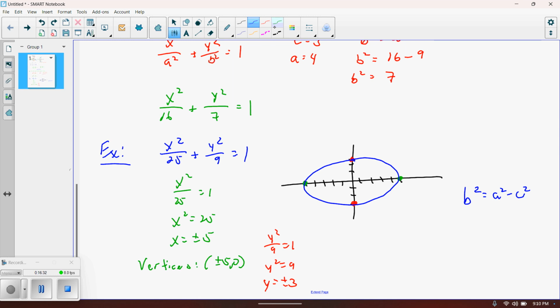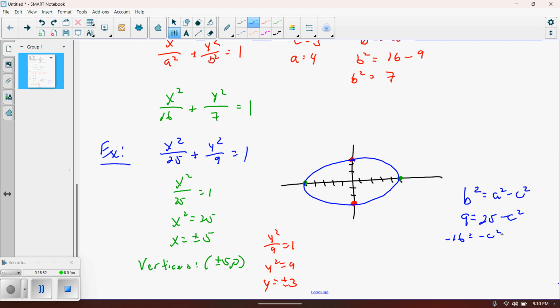So in this case, b was 3, or b squared is 9. A squared is 25 minus c squared. So now let's go ahead and solve for c. If we subtract 25 on both sides, we get negative 16 equals negative c squared.